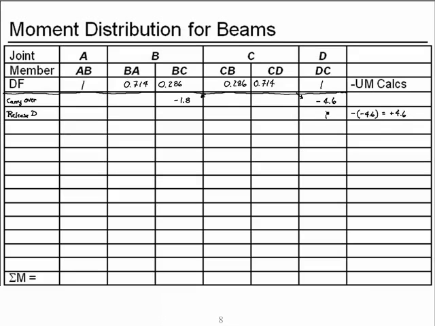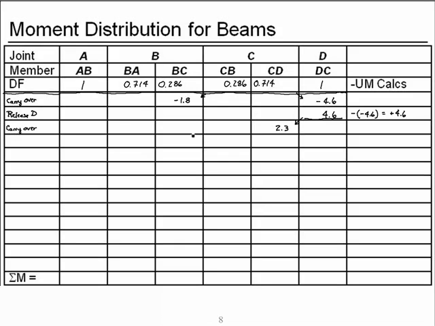Our distribution factor is 1, and so this node is now in equilibrium again, but we will have carryover back to the other end of the member, and so we get a 2.3 foot kips transferring to the C end of member CD.